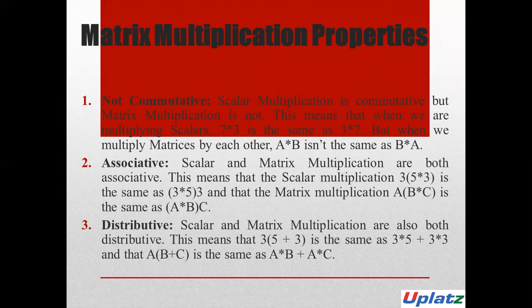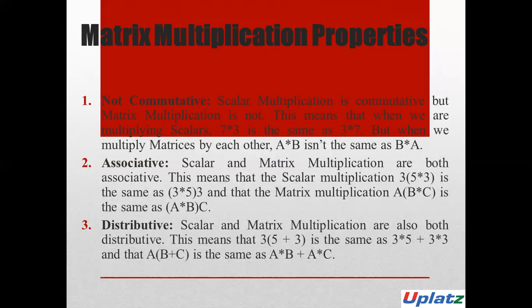This means when we are multiplying scalars 7 and 3, it is the same as 3 multiplied by 7. But when we multiply matrices by each other, A multiplied by B is not the same as B multiplied by A, where A and B are both matrices. So the first property is that matrix multiplication is not commutative.